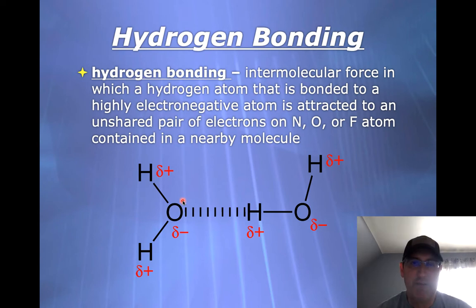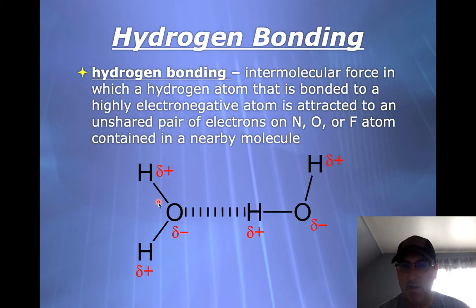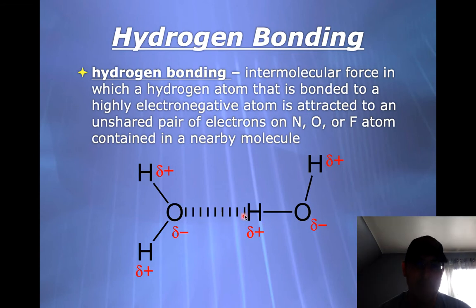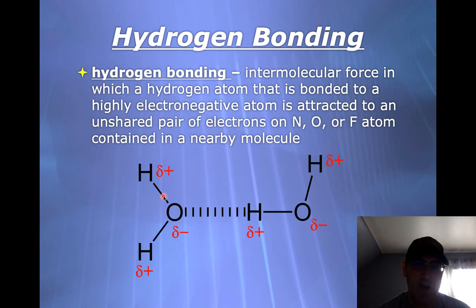And by far, the most common exemplar of hydrogen bonding is water. That's why water has such a high melting point, why it has such a high boiling point, is because molecule to molecule, it's held together with this extremely strong bond. So when ice melts, you're not breaking the hydrogen to oxygen covalent bond, you're breaking the bond between one water molecule to a nearby water molecule.